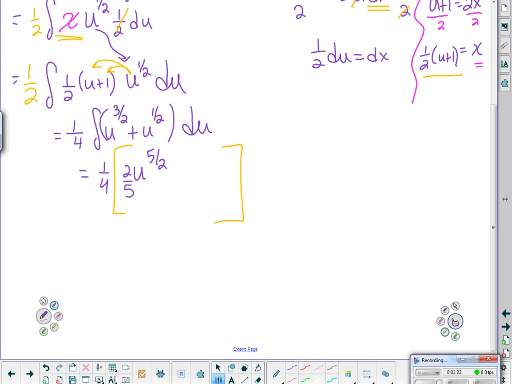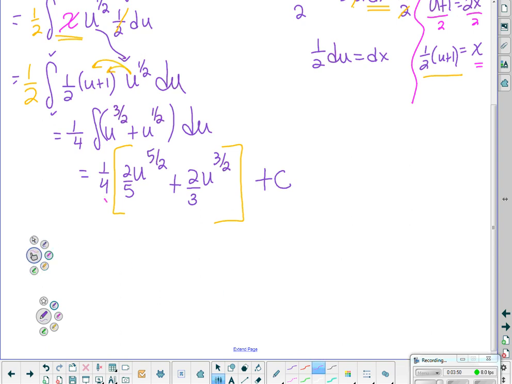All right, so continuing here, I'm going to hold that 1/4 out front. We'll take u to the 3/2, add a power, and then divide by that power, which is like multiplying by its reciprocal. So this is going to be u to the 5/2 times the 2/5. Since this was an indefinite integral, we did not have any bounds on our integral, so we get the plus c. And then let's clean this work up a little bit. Let's distribute and clean up what we can.